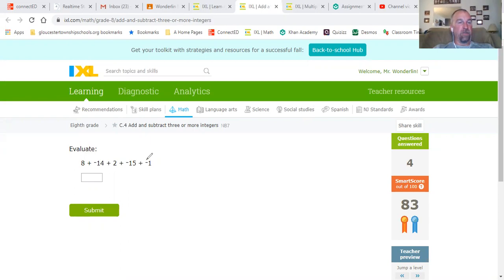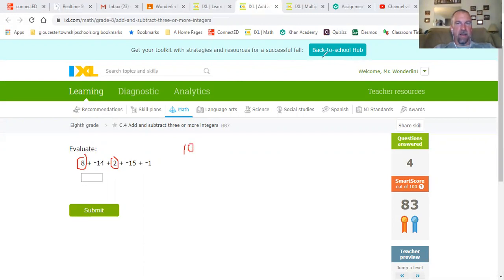What I prefer to do in a situation like this, because the numbers aren't too big, is group together all the positives and get a total positive, and then group together all the negatives and get a total negative. So I have a +8 here, and I have a +2 here, and they're the only positives. So my positive total is 10.